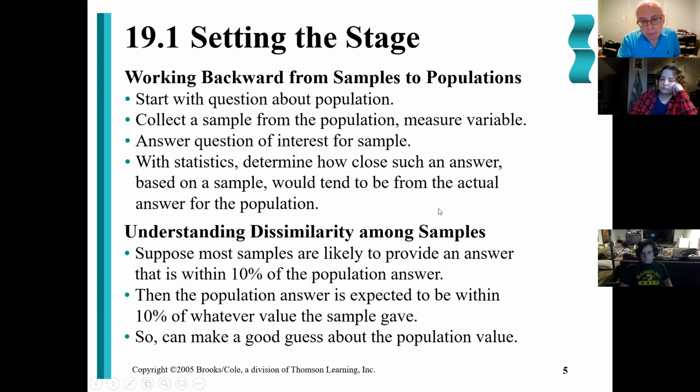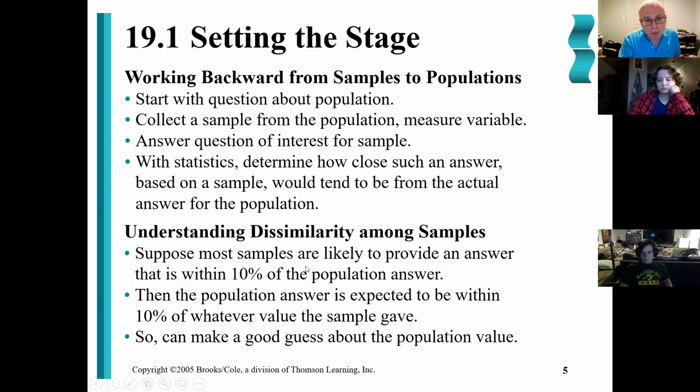But here's the deal. Everybody's going to come up with a different sample statistic, all right? Like in the previous example, we would have different answers to the sample proportion. So how do we know whether our sample proportion is good or not? It may be good, it may not be good, but we don't know. So how do we figure it out?